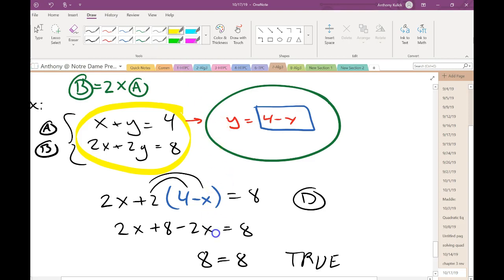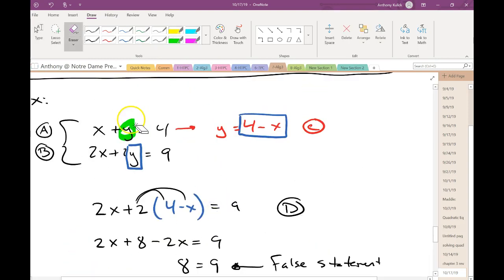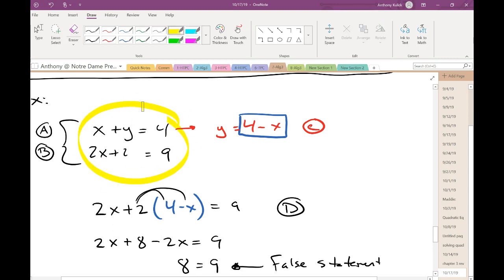Let's look at the no solution situation. What do we notice here? Oops.